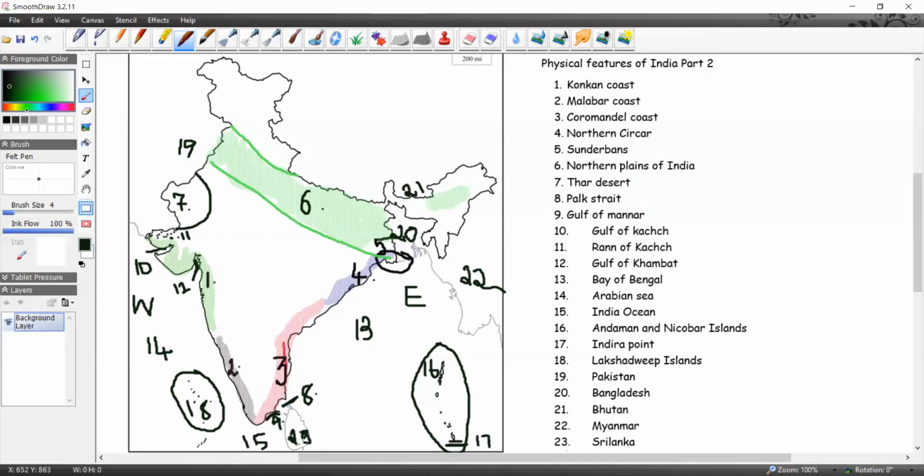And another important, I forgot to add here, 24, Nepal. This is Nepal. 24. And here you have China. And Tibet is here.